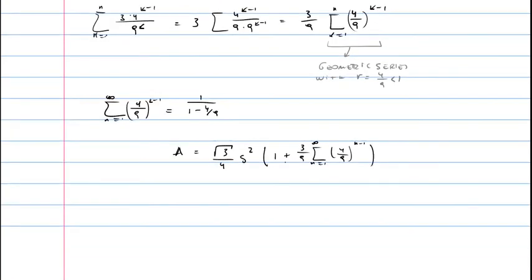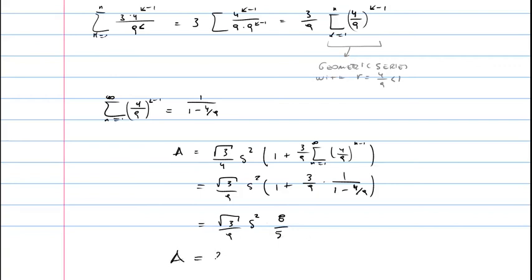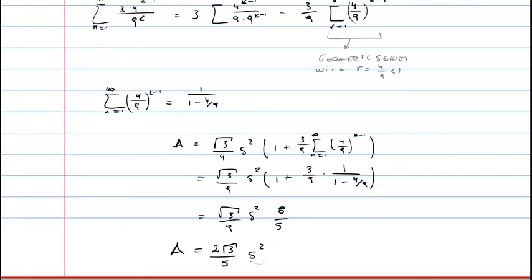And so, because we know this sum, this is the square root of 3 divided by 4 s squared times 1 plus 3 over 9 times 1 over 1 minus 4 over 9. And this is the square root of 3 divided by 9 s squared times 8 over 5. So the total area is 2 times the square root of 3 divided by 5, s squared. If we set s to 1, which was our case, we have 2 square root of 3 divided by 5.